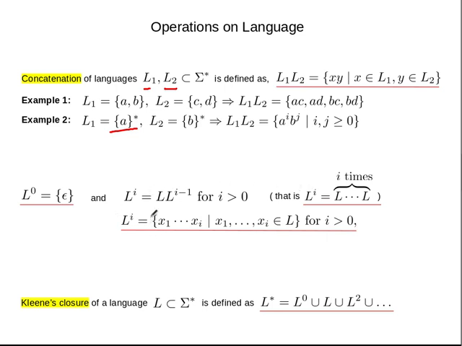In other words, L^i is just the concatenation of x1 up to xi, where each of these xj's is coming from L, right? So we can write it like this for i greater than 0, and for i equal to 0 we define it like this. And then Kleene closure is what? It is the union of everything, all the L^i's. That is the Kleene closure of L. We did that in the first class. It's just a recap.